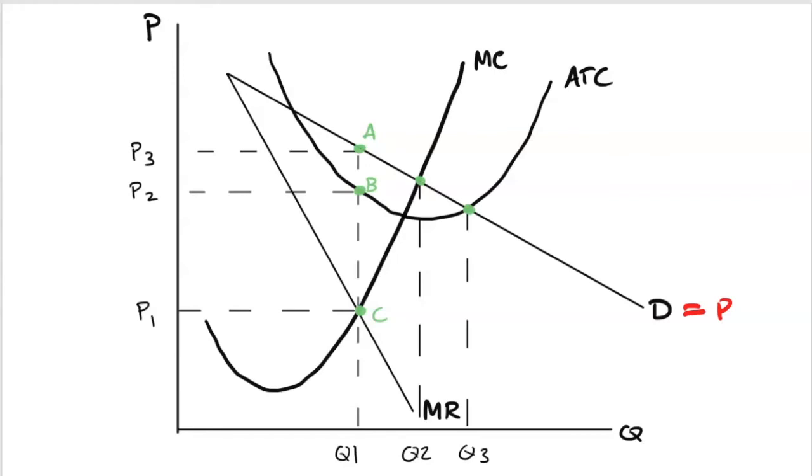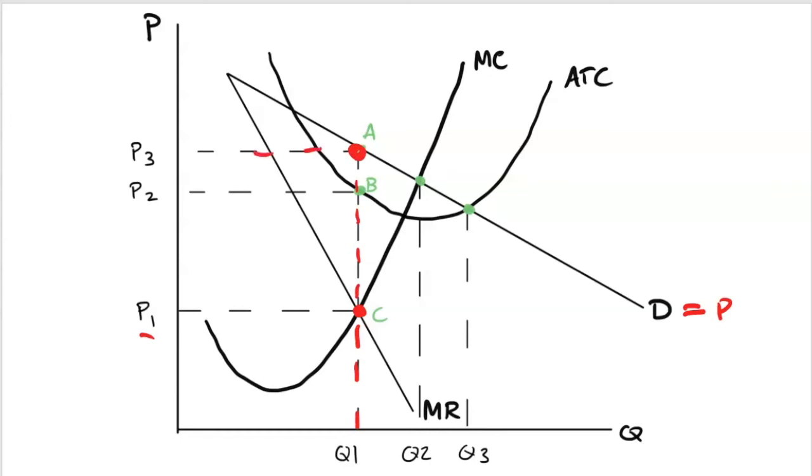Well, here, we know we want to go to where MR equals MC. So this firm is going to produce Q1. Well, what price is this firm going to charge at Q1? Well, it's not going to be P1. The reason why it's not P1 is because the monopoly doesn't need to do that. They can charge a higher price. Remember, they're going to go all the way up to the demand curve because the demand curve represents the price that consumers are willing to pay for this specific output.